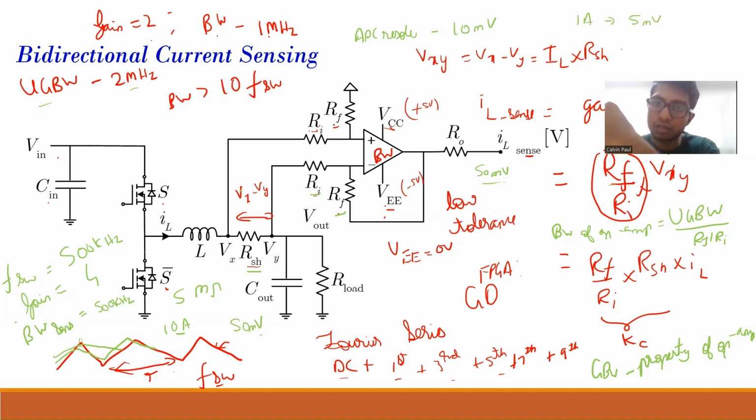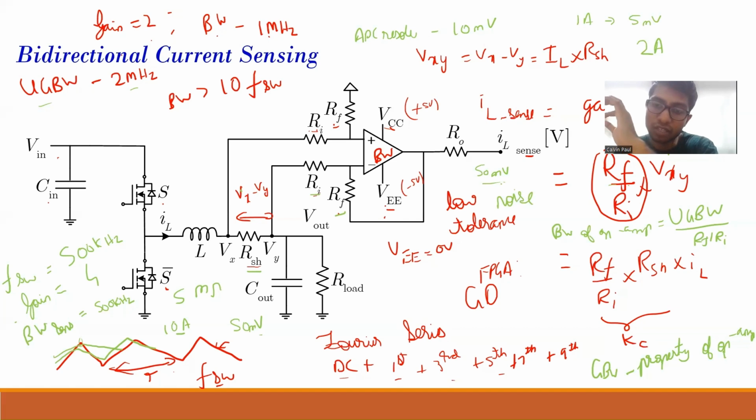So the ADC value can only change if the change in your inductor current is 2 ampere, and that is a very large change. And in the 50 millivolt range, there will be noise. Noise is something in sensing which is a big headache.